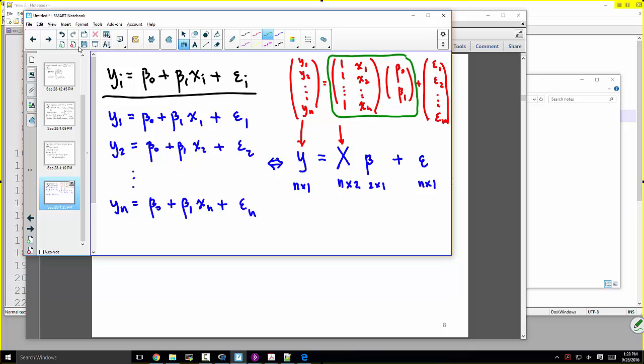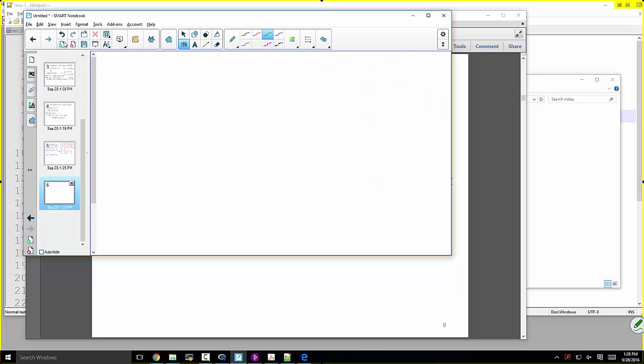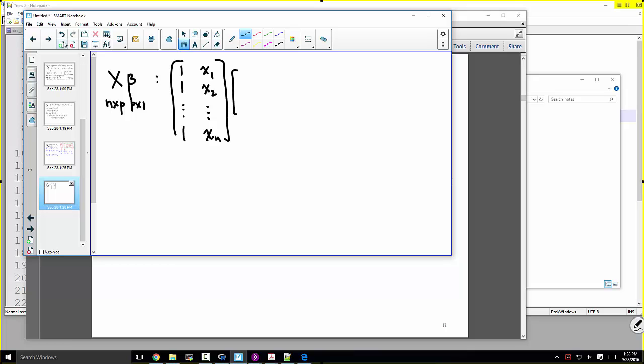Let me go to a new slide and talk about this X beta thing. X is n by p, generally, however many coefficients we have in the model, and beta is p by 1. So if X looks like 1, 1, dot, dot, dot, 1, and let's do the simplest case with just a single x, x1, x2, xn, then beta is this vector containing beta 0 and beta 1.